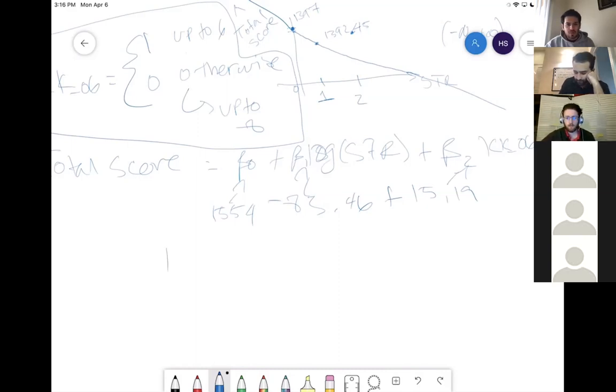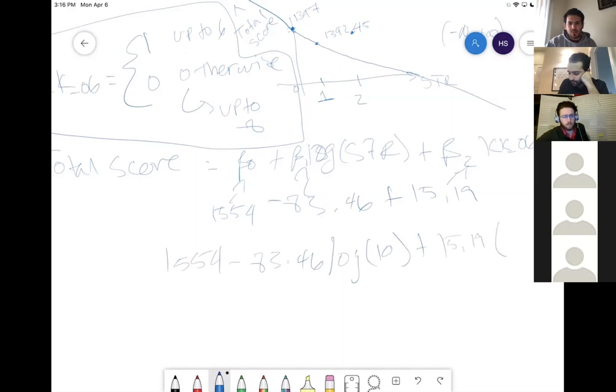We'll have 1554 plus minus 83.46 times the log of 10, plus 15.19 multiplied by what? By 0, since it serves up to grade 8. If the school serves up to grade 6, this would be a 1.